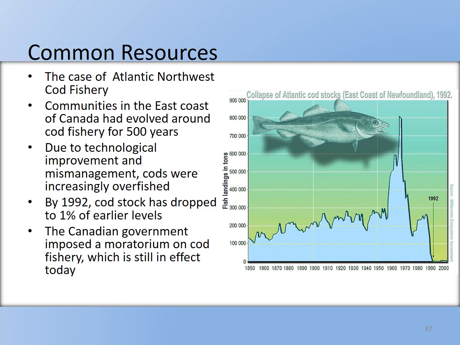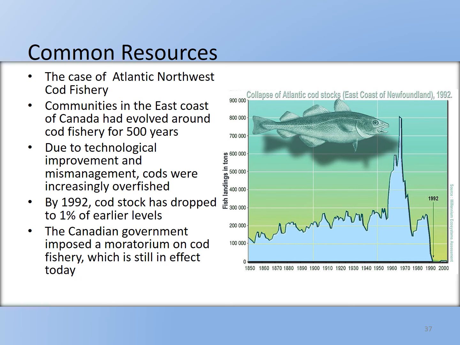But after 1992, the Canadian government imposed a moratorium on cod fishery, which is still in effect today. So basically, think about it. That would destroy a whole industry. And in many remote regions, that would destroy the whole community. What are you supposed to do without fishery? There's nothing, right? Why would you live in a very cold place in Canada unless you have something to depend on?